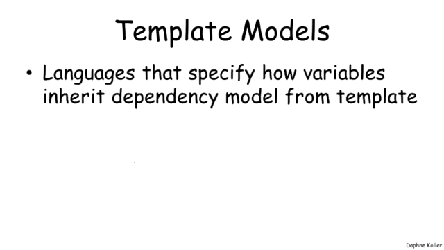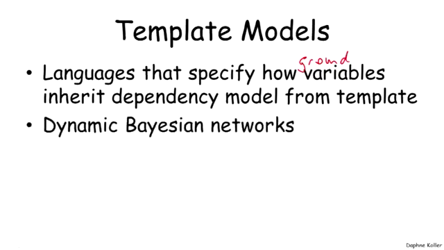And a template model is a language that tells us how template variables can be the dependency model for template variables and how concrete instantiations of variables, what are called ground variables, like the ones that are actually indexed by a particular time point or person, how they inherit the dependency model from the template. And there is a whole range of such languages that have been developed in a special purpose way for different applications.